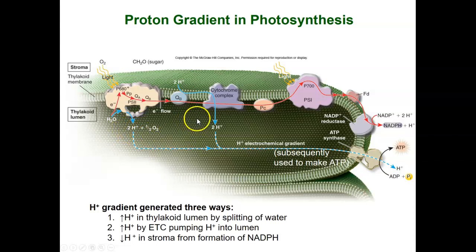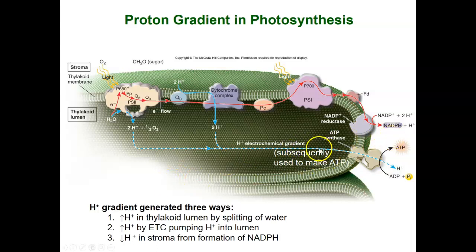Secondarily, as the electron moves down that electron transport chain, we see an increase in the H+ concentration as that electron is doing work. We see a high concentration here in the lumen. And lastly, as we cause a decrease in the H+ concentration out in the stroma when we are forming NADPH, that also leads to a difference in the proton concentration on one side of the membrane versus the other.